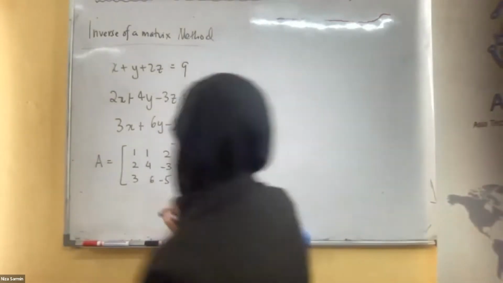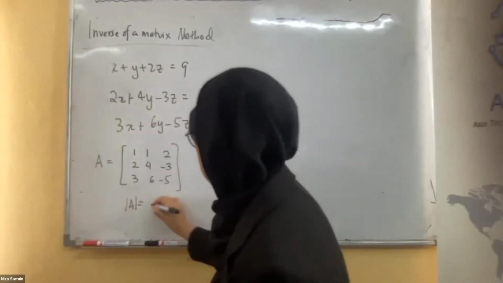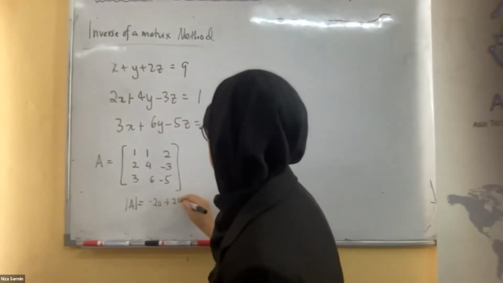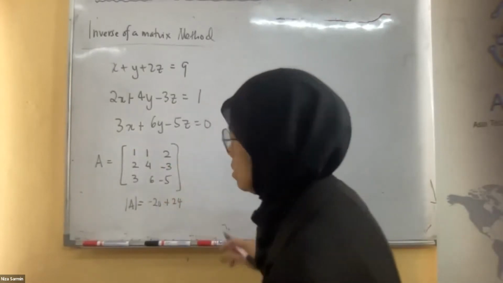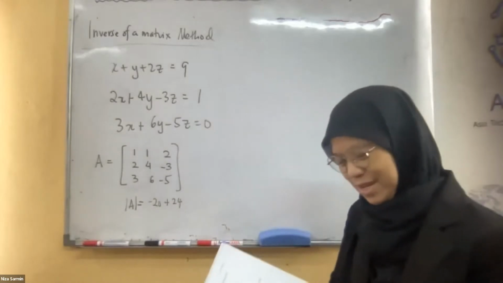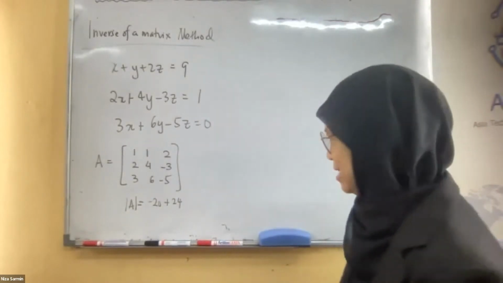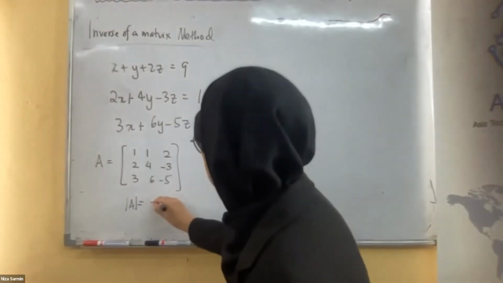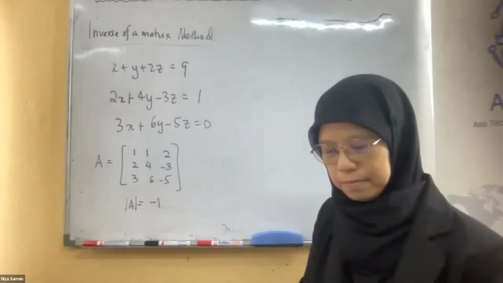And the determinant of A, negative 20 plus 24. Oh, this is the one from before, right? Very familiar. Oh, okay, no wonder. This is the same one. So I just put negative 1. I got this before.